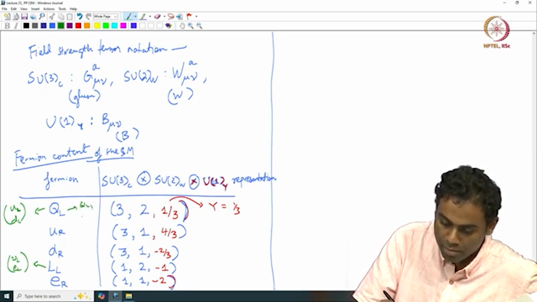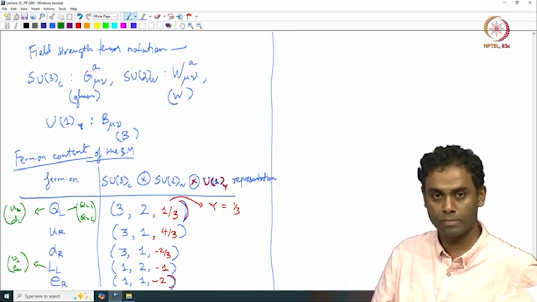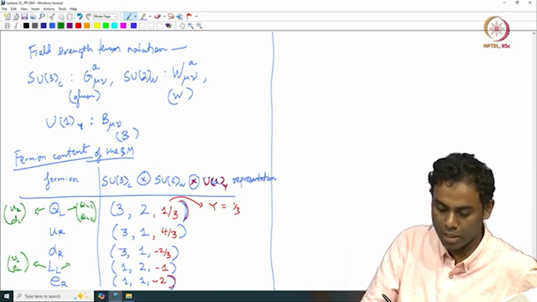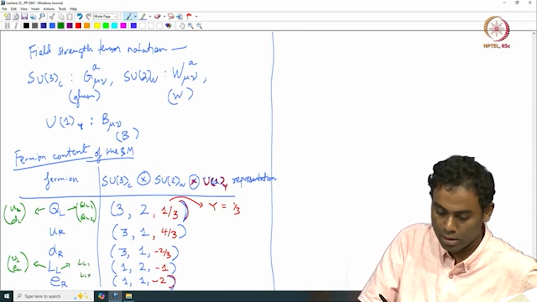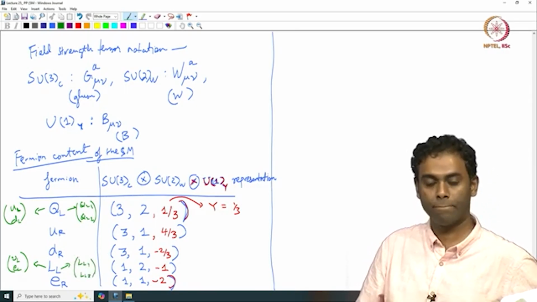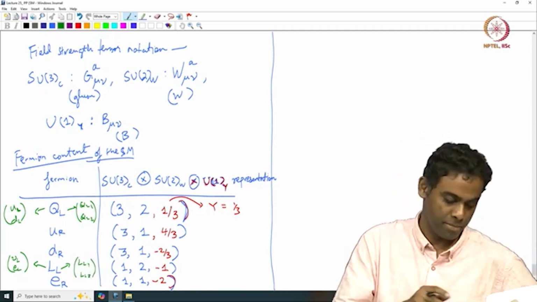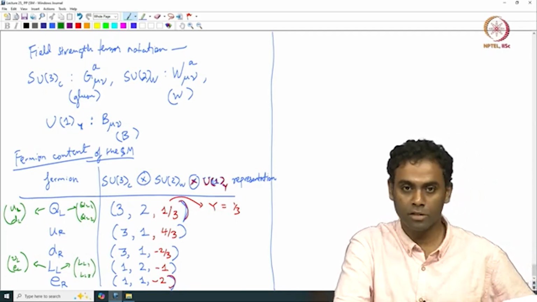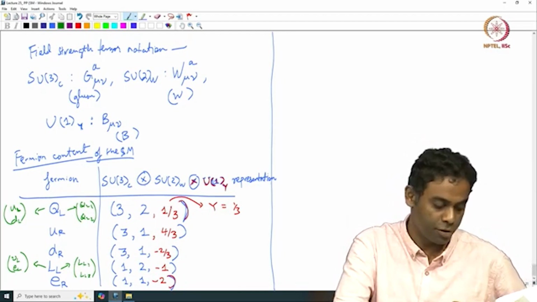I might as well call it QL1, QL2. That's good enough at this point. Similarly, I could have called this LL1 and LL2. Later we can assign meanings to what LL1 and LL2 are when we do symmetry breaking.